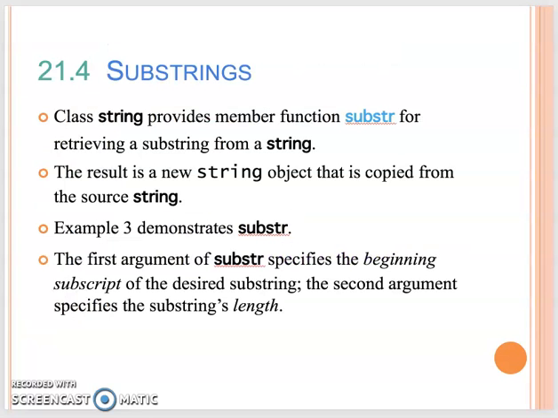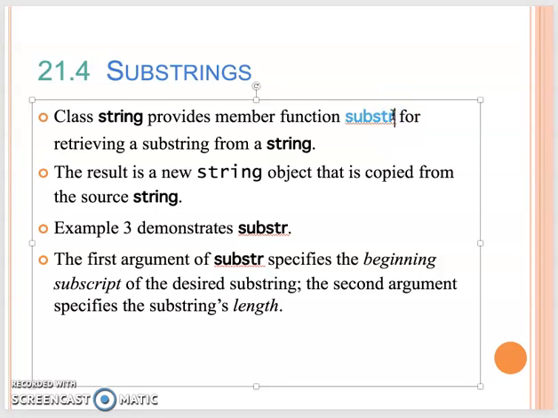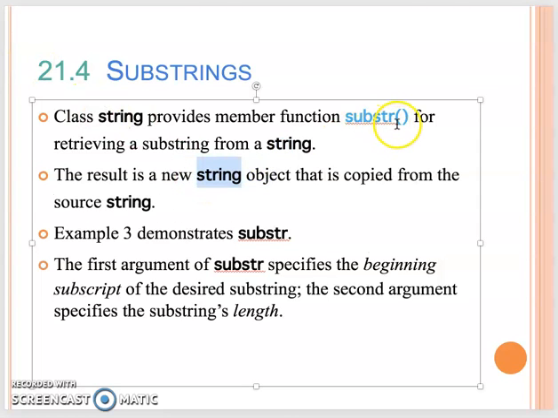Before we finish this video, also talk about the swap function and the substring function. Actually, we can have a substring member function. This substring is a member function belonging to a string object. So when you code the substring, you need to create a string object already. After you code the substring, they will create and return a new string object.